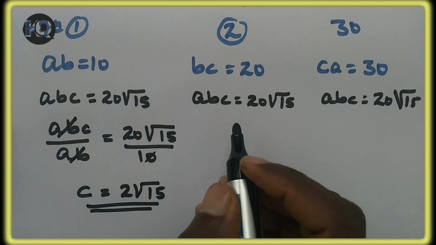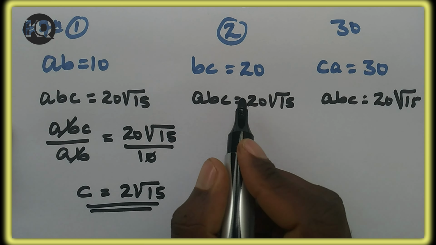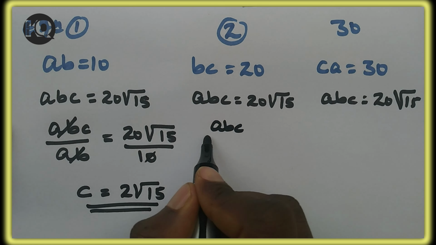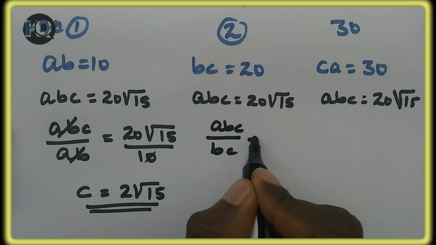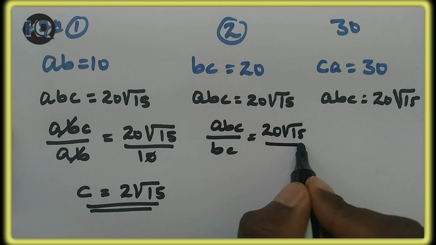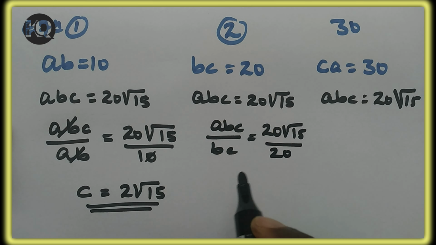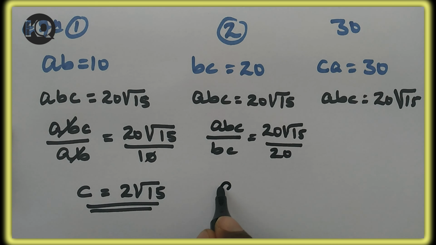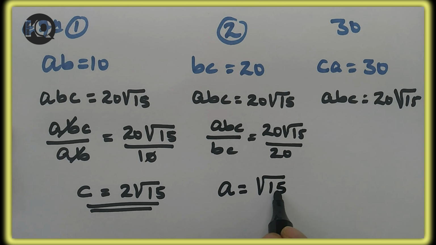And from equation 2 we have BC and ABC, so let's divide ABC by BC. So 20 square root of 15 divided by 20, so BC will be cancelled and the remaining one A, so it will be the square root of 15.